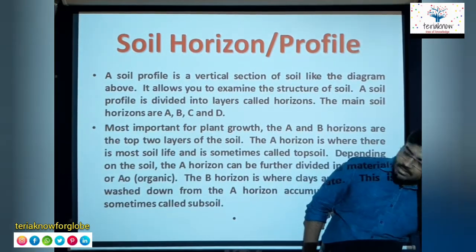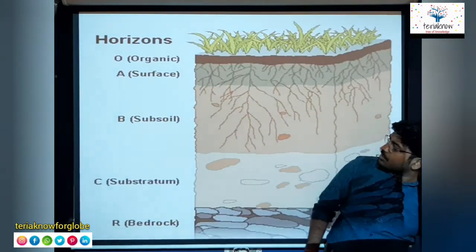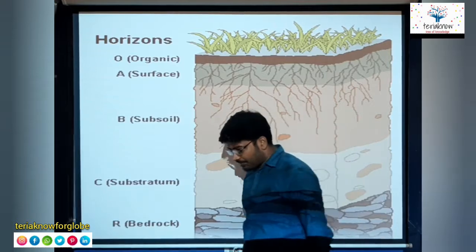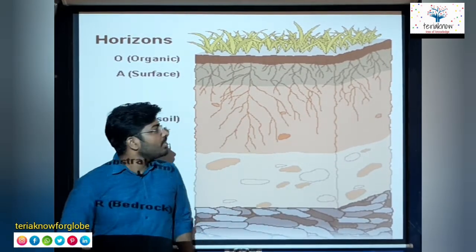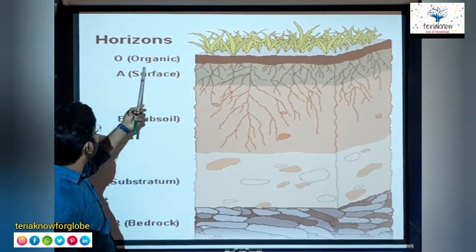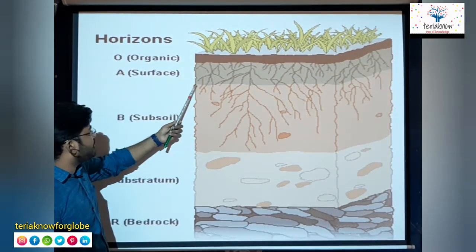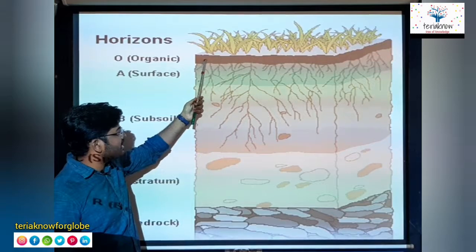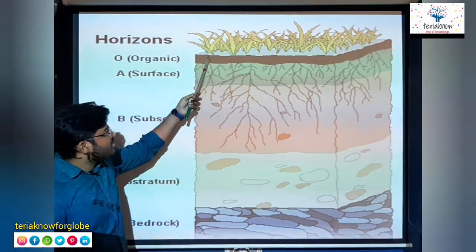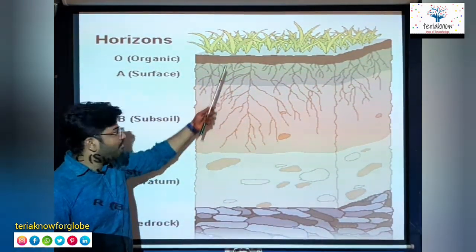Okay, just wait. You can see this is the soil profile, or the soil horizon. This is the O horizon, which is organic. The organic materials are very important for the growth of the plant.